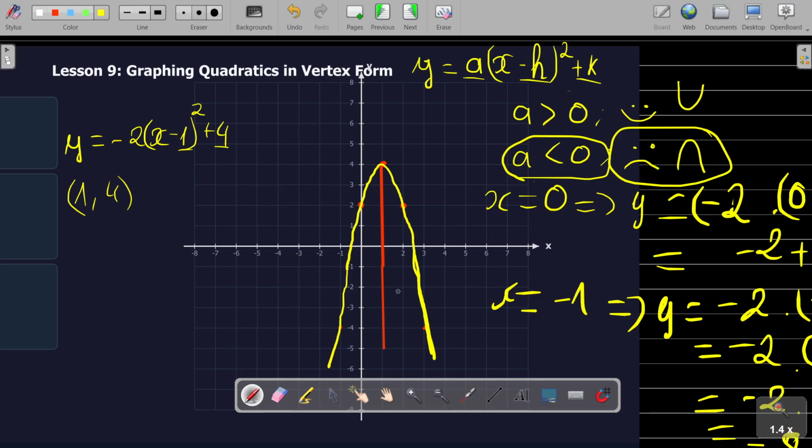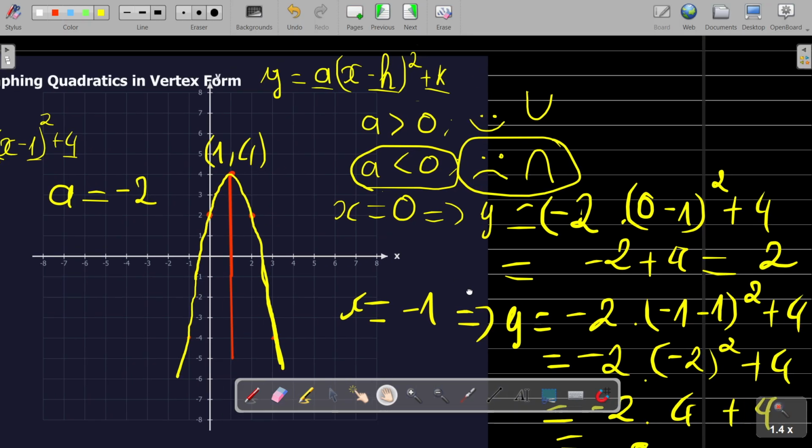The parabola will open downward again. Sad face, peaks at 1, 4, and falls away on both sides because A is negative 2. Remember negative 2 here? The vertex is a maximum point, not a minimum.